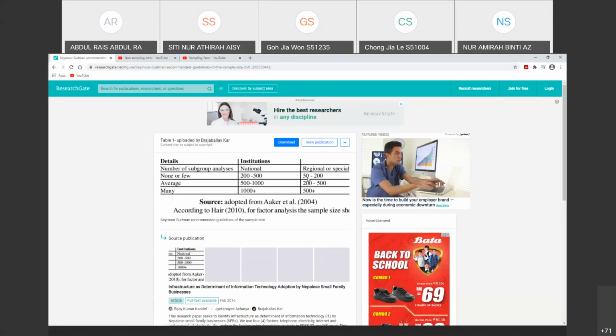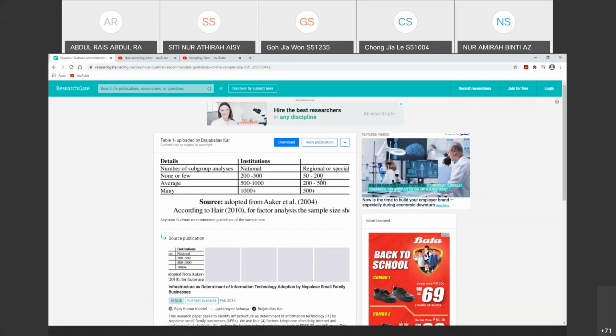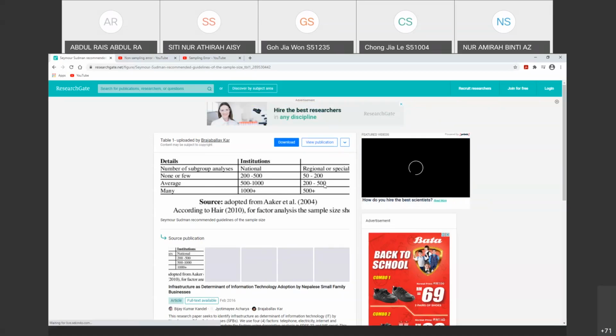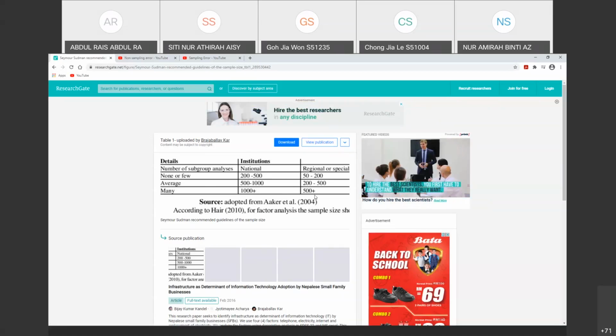Kalau you buat regional, between 50 to 200. Kalau you ada average amount of subgroups, mungkin you boleh consider 500 to 1000 for a national study, 200 to 500 for a statewide or a regional study. And the same applies if you have many subgroups, more than 1000 or more than 500.